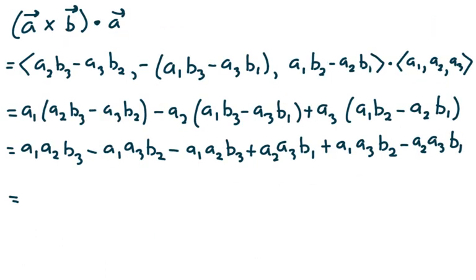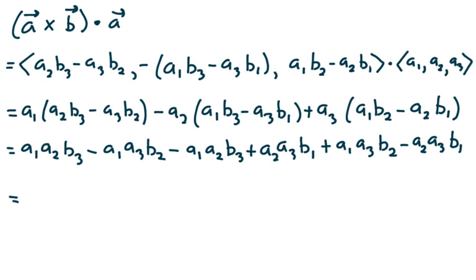And so I took A cross B dot A. The first component is A2B3 minus A3B2. The second component is the opposite of A1B3 minus A3B1. And the third component is A1B2 minus A2B1.